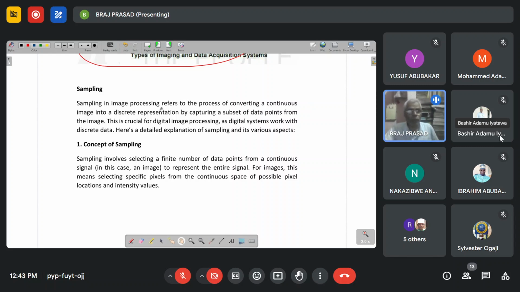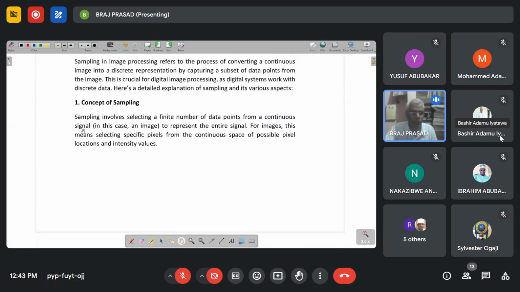Sampling in image processing refers to the process of converting a continuous image into a discrete representation by capturing a subset of data points from the image. This is crucial for digital image processing, so it is the main part, as digital systems work with discrete data. Here is a detailed explanation.